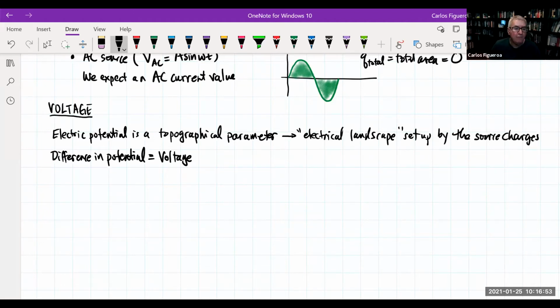And if you look at voltage, this is the electrical height of a charge in this electrical space.